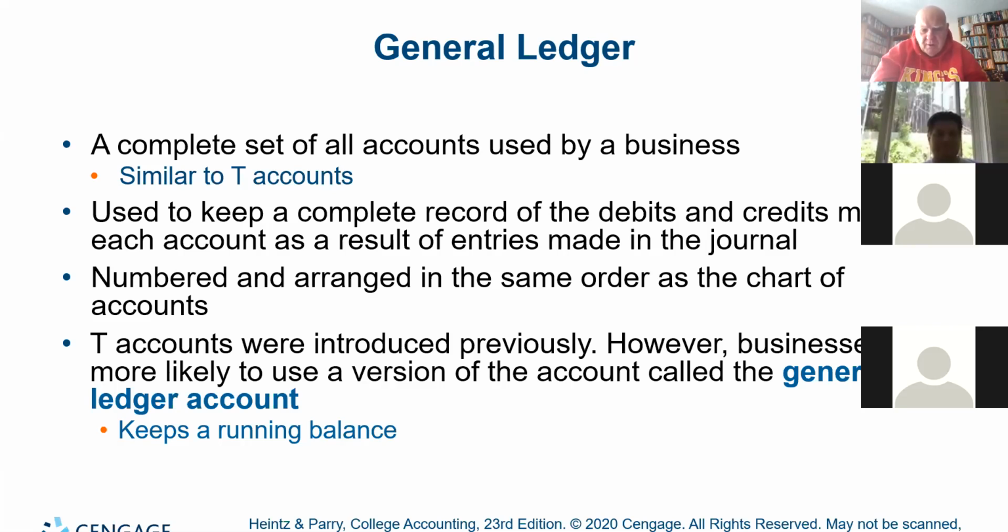You'll see in a moment, if you look at the general ledger for cash, all you're going to see is the beginning balance of cash, the next receipt of cash, the next disbursement, and then off to the right, the running balance. It's not going to give you much detail, but that's where the auditors begin. They're going to come into your business and say, okay, I'm going to start with cash today.